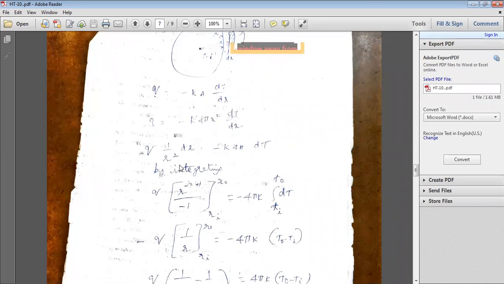Q into the integration of 1 by r squared, that is r to the power minus 2 plus 1 divided by minus 2 plus 1, which is minus 1, within the limits Ri to Ro, inside radius to outside radius. That is equal to minus 4 pi K into the integral of dT from Ti to To. After integration, this is r to the power minus 1, that is 1 by r, with a minus.